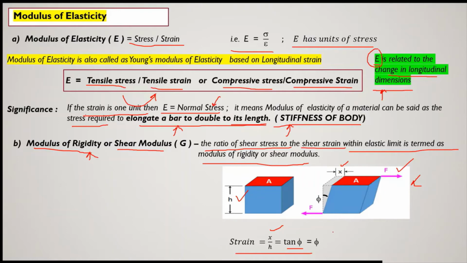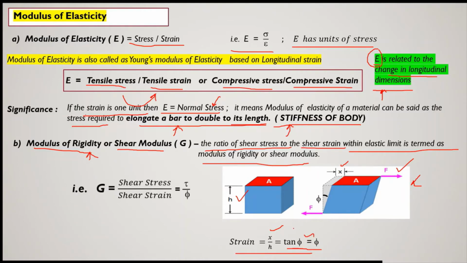And mathematically we know that if this angle is very small, then its tangent will also be very small. So you can approximate tan theta as approximately equal to theta, where theta is in radians.